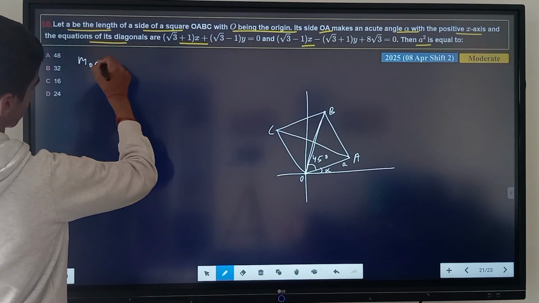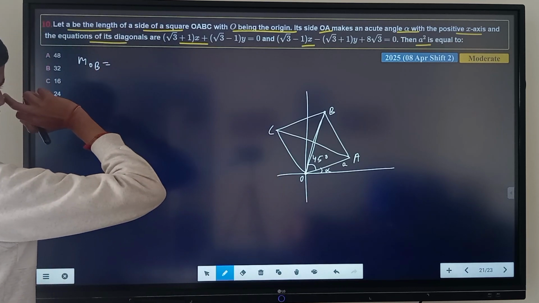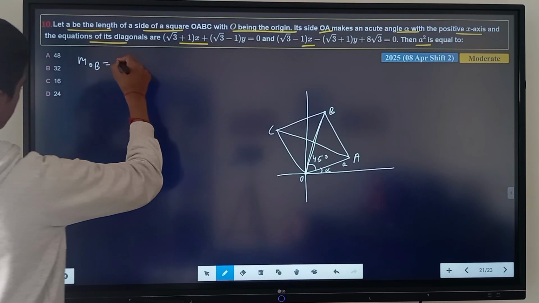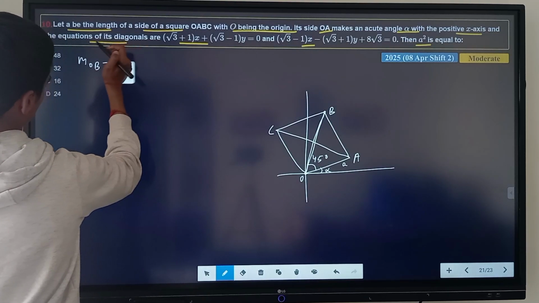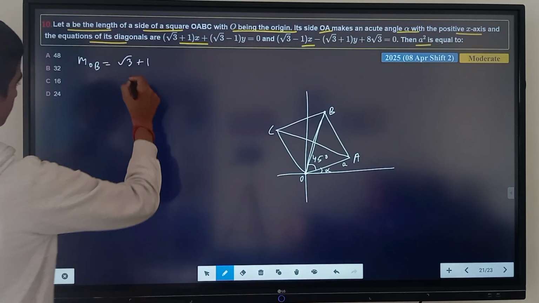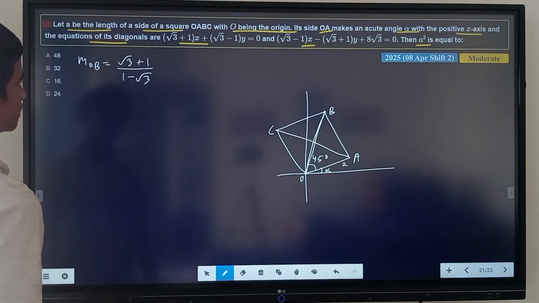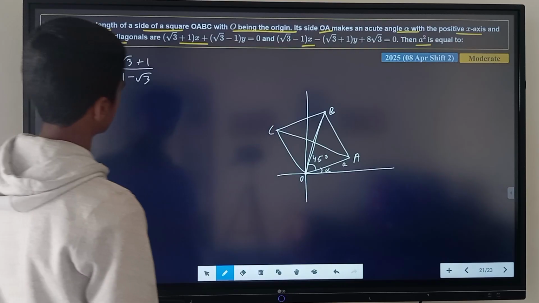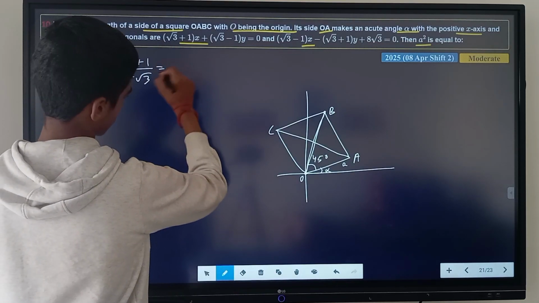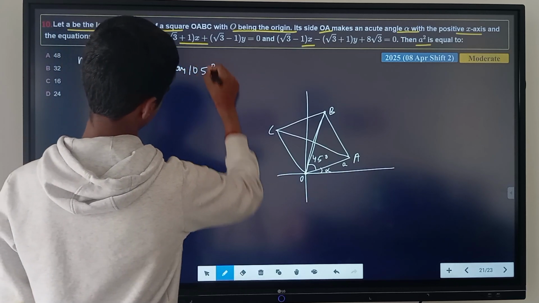The slope of OB is equal to root 3 plus 1 upon 1 minus root 3, which is equal to tan of 105 degrees.